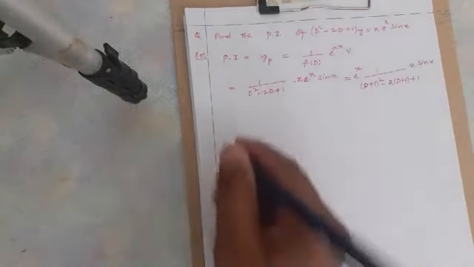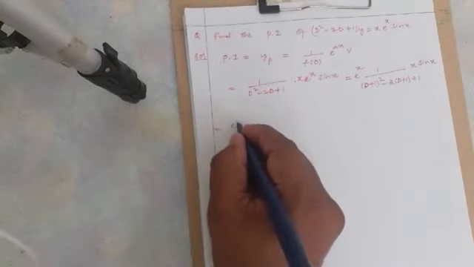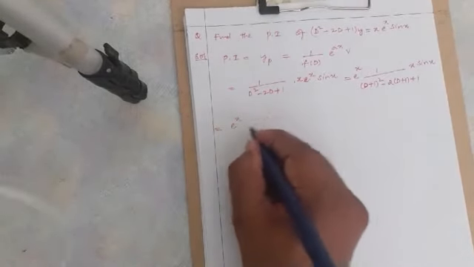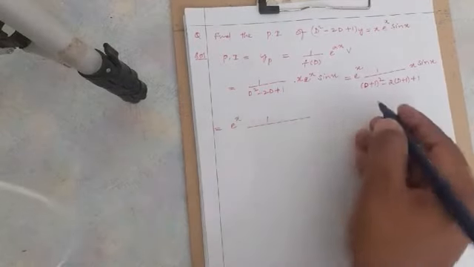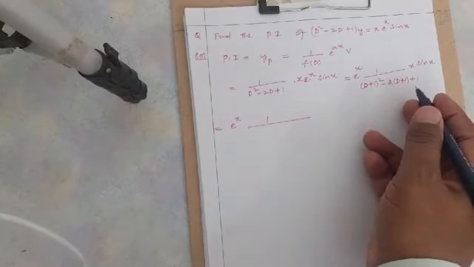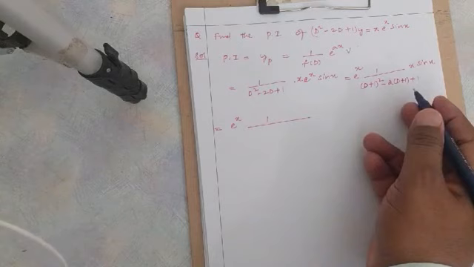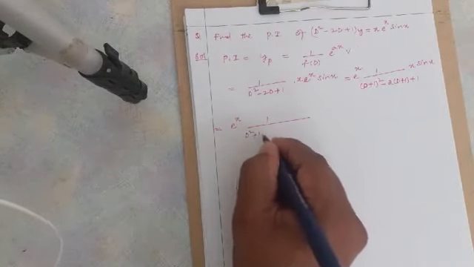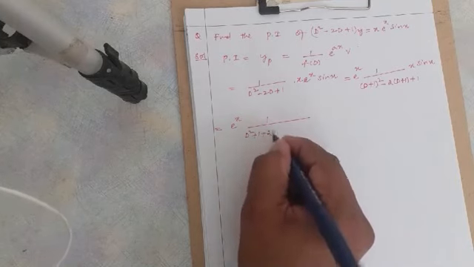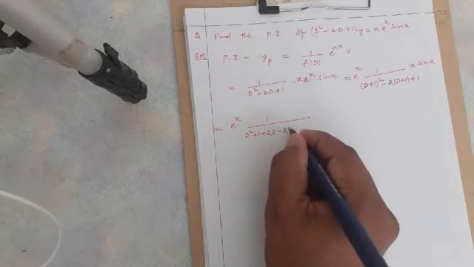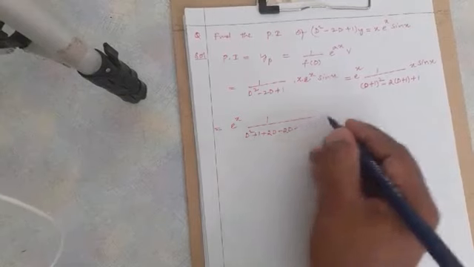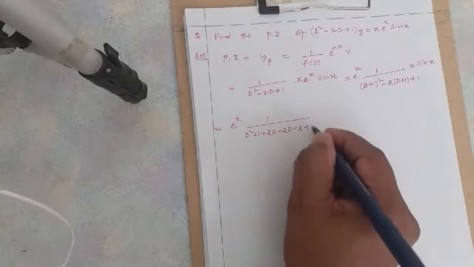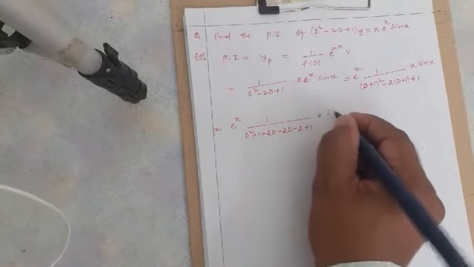So after that, this is equal to e power x 1 upon, now you can expand d plus 1 whole square and this one, so this becomes d square plus 1 plus 2d minus 2d minus 2 plus 1 into x sin x.